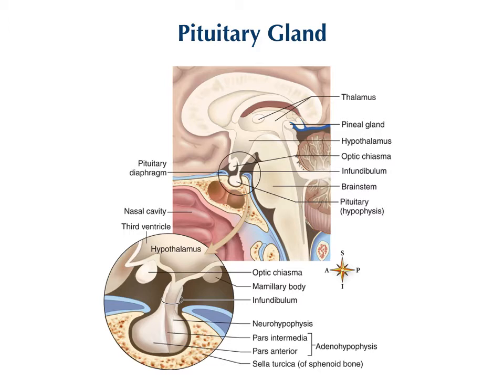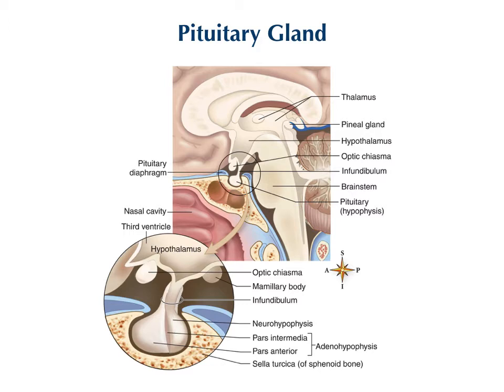Antidiuretic hormone, or vasopressin, and oxytocin are hormones that are made in the hypothalamus, and they will be transported to the neurohypophysis, where they will be stored for later release, and they're transported down a nervous tract. And one of the differences between the adenohypophysis and the neurohypophysis is the way the hormones make it from the hypothalamus into the pituitary gland.